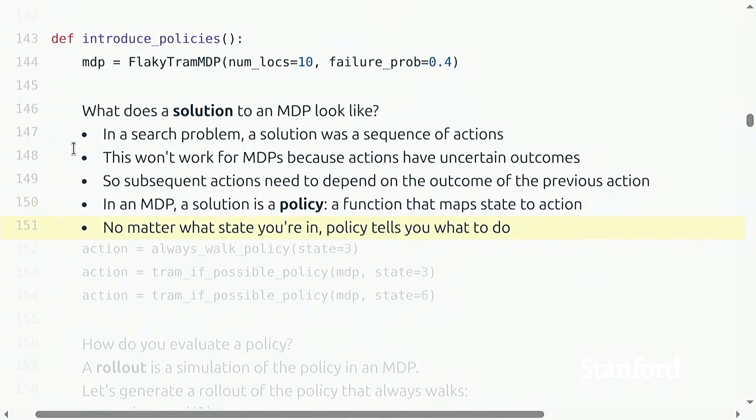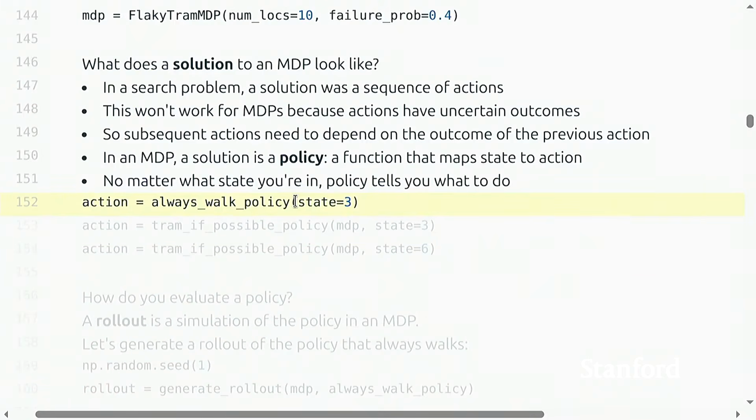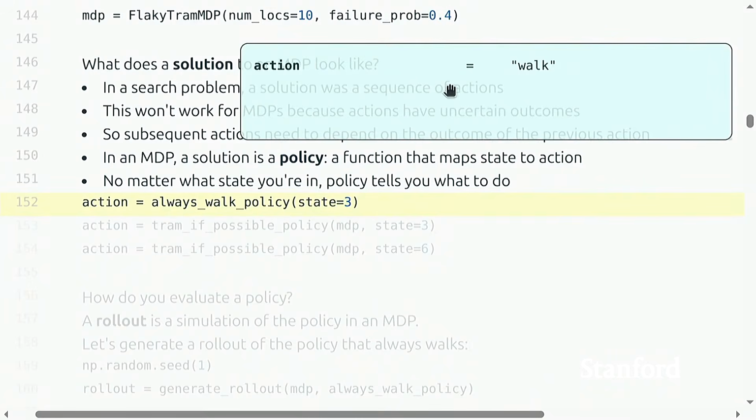Okay, so let's explore some simple policies. Here's a policy for the tram case: always walk. Remember, a policy takes a state and returns an action. In this case, it just ignores the state and always returns walk. Here's another policy: take the tram if it's possible to.